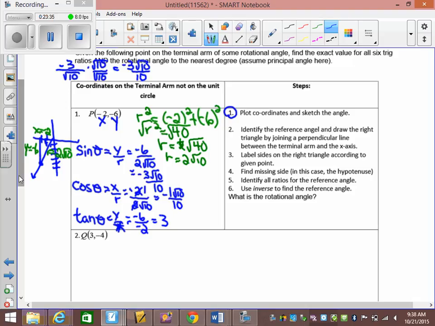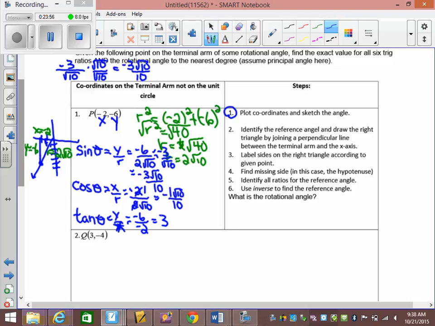But people will go to here and they'll write 10 over negative root 3 over root 10, and then they'll have to rationalize it again. So if I'm going to cosecant, I want to use this one or the one before it, or the one after, I guess, negative 3 over root 10. Why would I want to use that one to flip instead of my answer to flip? Yeah? Then you don't have to rationalize.